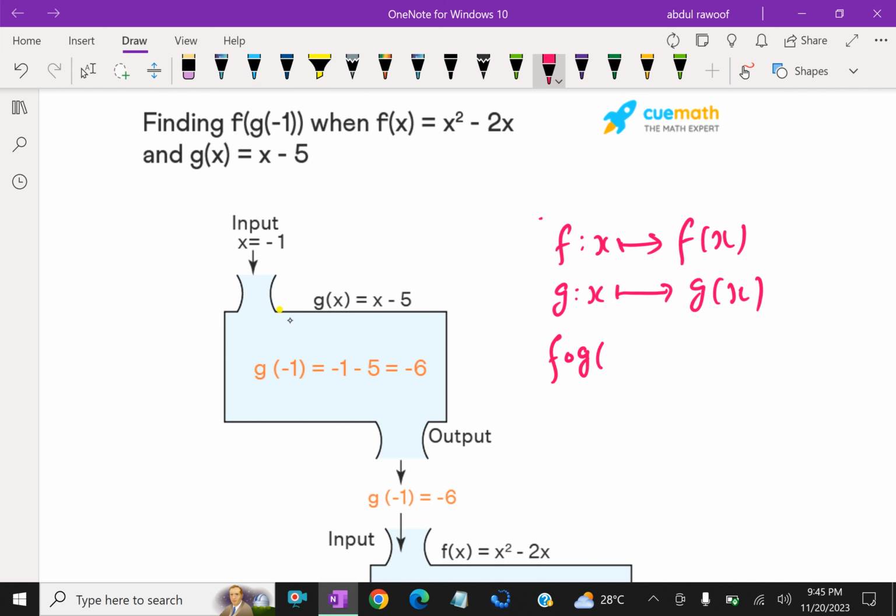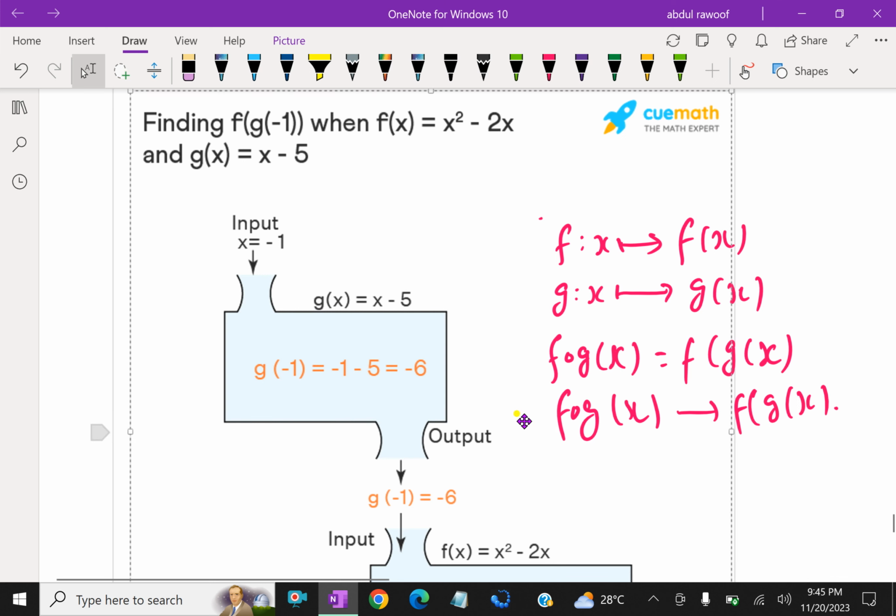We can write f of g of x as f ∘ g of x, and without the symbol you can also write f of g of x.